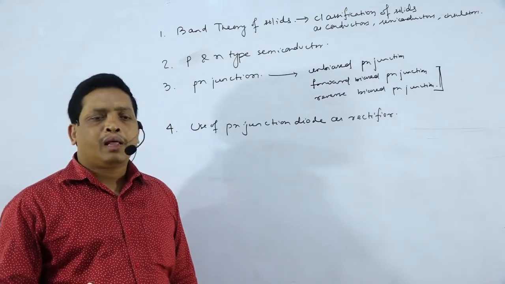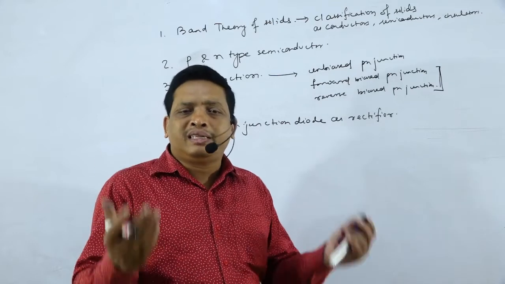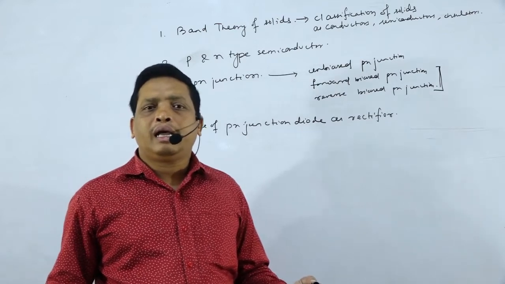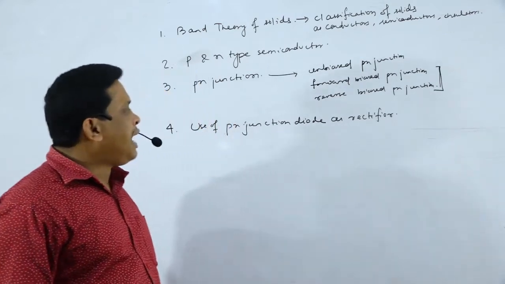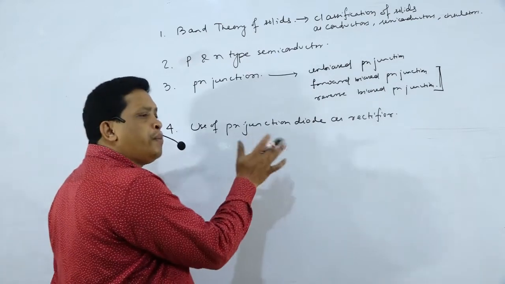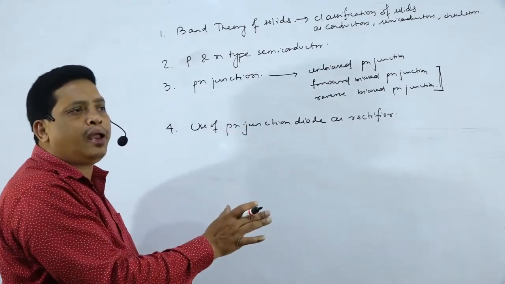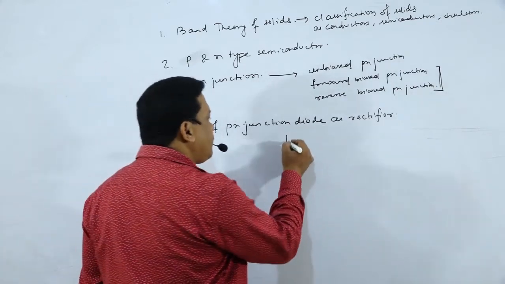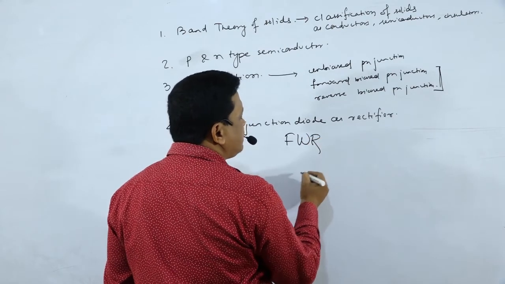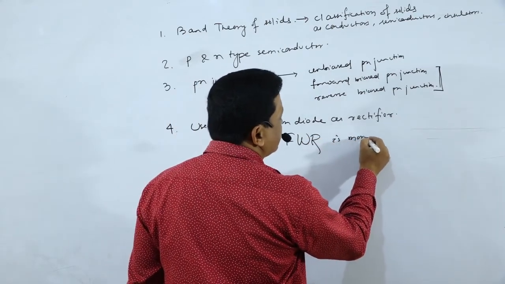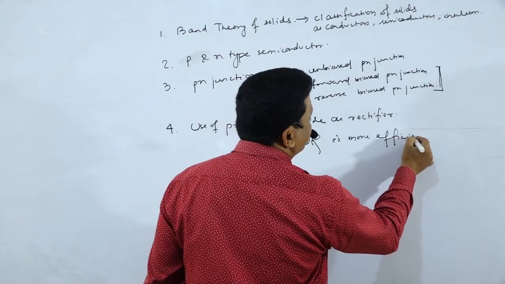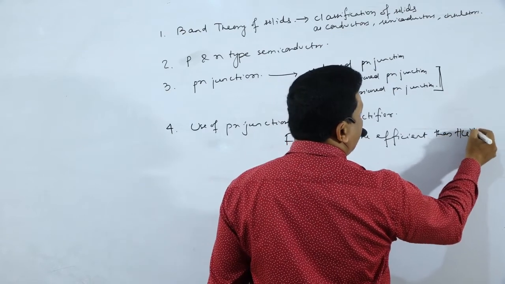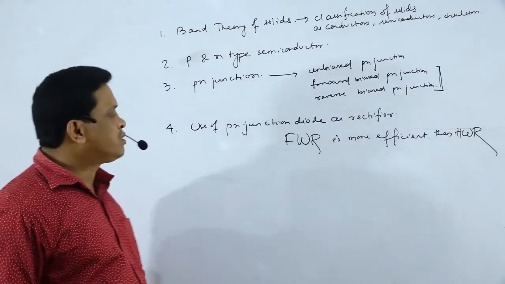A rectifier having very high efficiency and very low ripple factor is an efficient rectifier, and we compared the performance of full wave rectifier with that of half wave rectifier, and we found that the full wave rectifier is more efficient than the half wave rectifier. We discussed that.